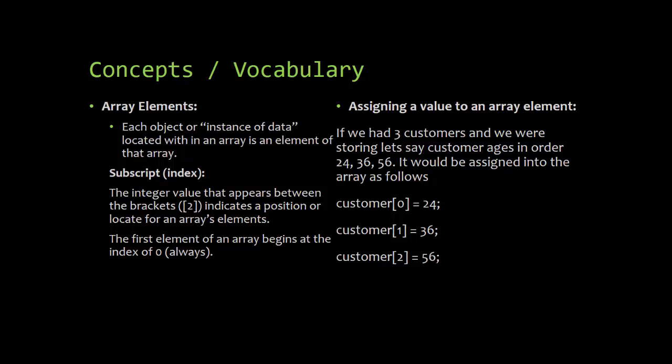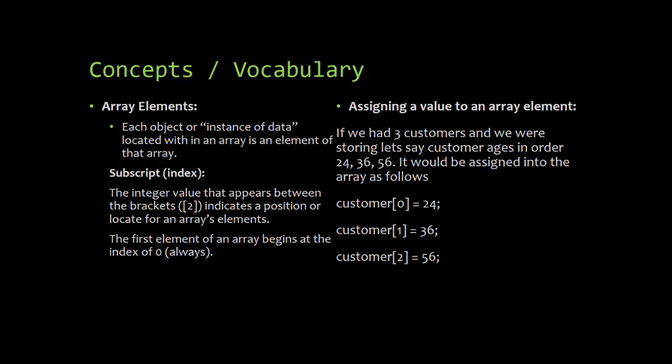It is an integer value that appears between the brackets, and it indicates a position or location of a particular array element. Remember the example with the students. If I say student 2, then my index position would be 1 inside the array. And why is that? Because the first element in an array always begins with 0. So if I have a value of 20 as size 20, it goes from 0 to 19.